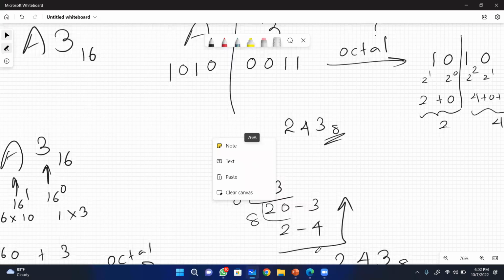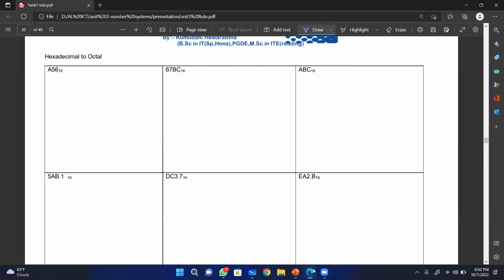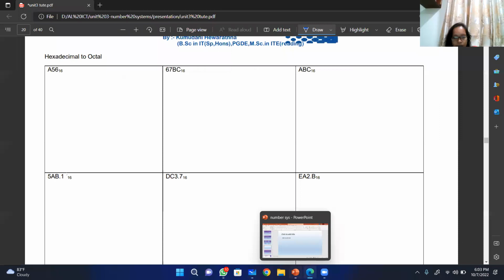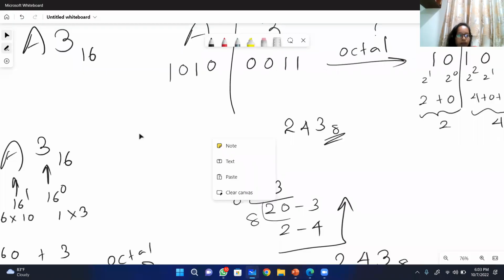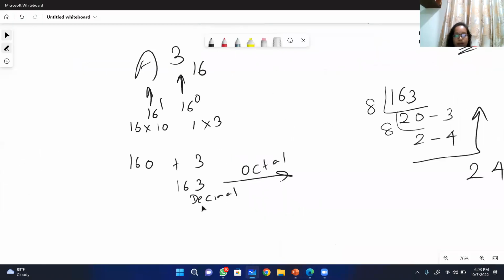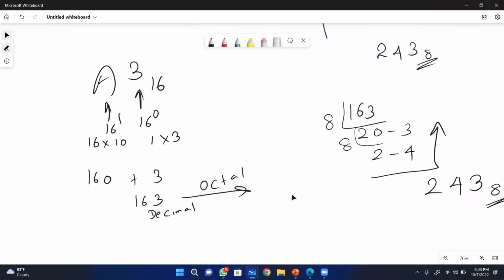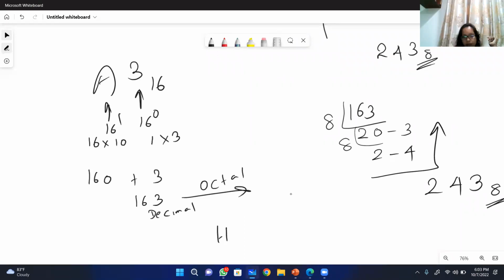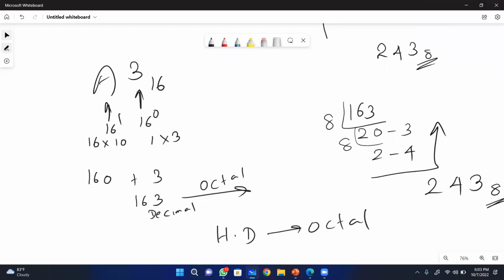Teacher, can you please explain a decimal question in this section? Okay. How to convert the decimal into octal? Yes, teacher. That means if we get hexadecimal to octal, numbers with fractions.